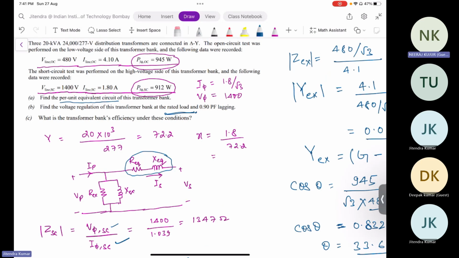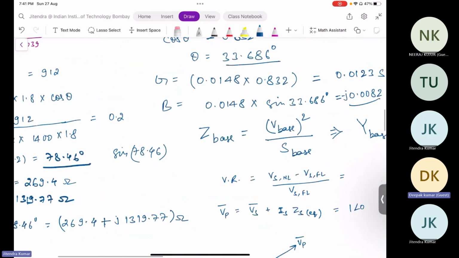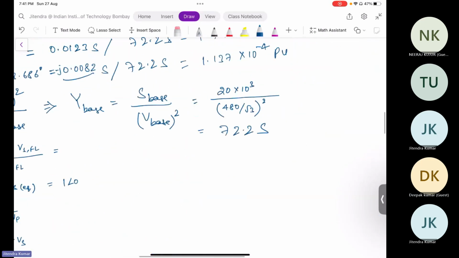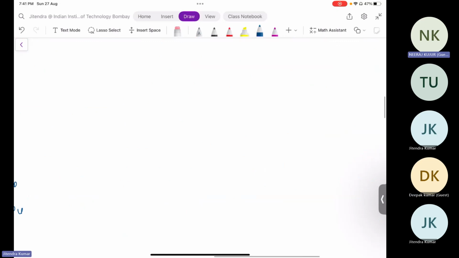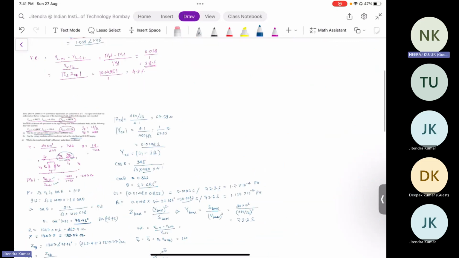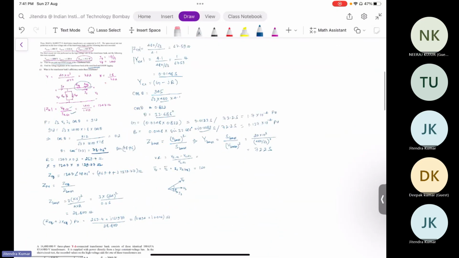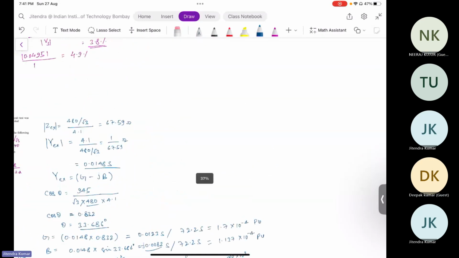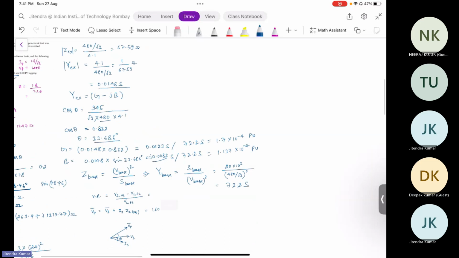If we are dealing with per unit, I don't think we need to compute it. Since rated is written, we can directly consider it as 1 per unit.